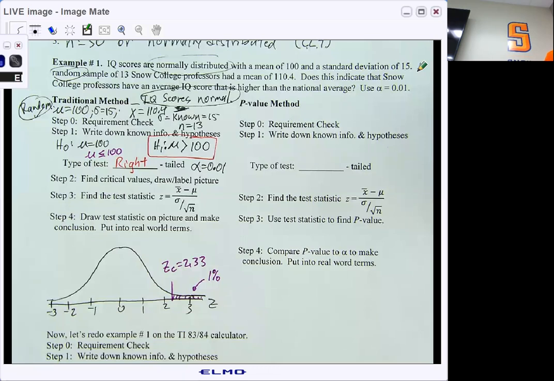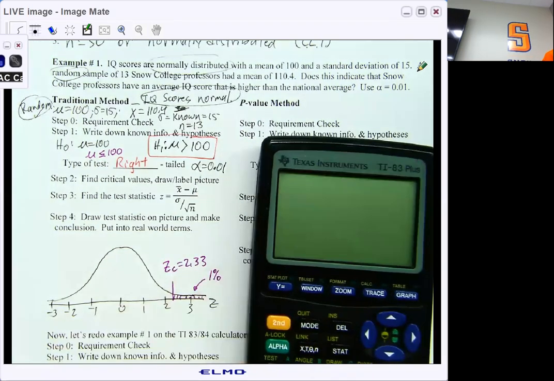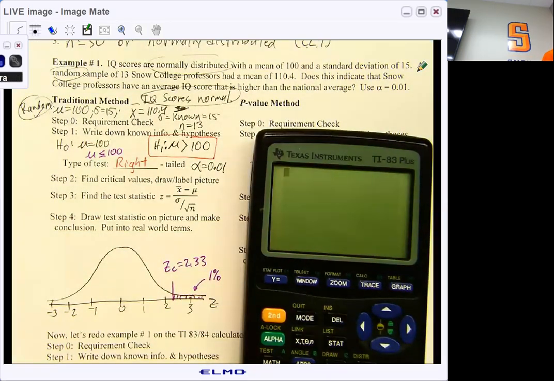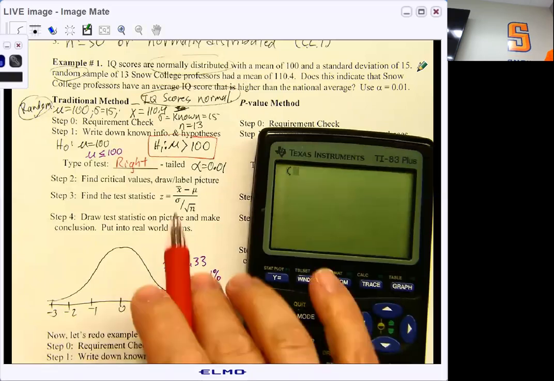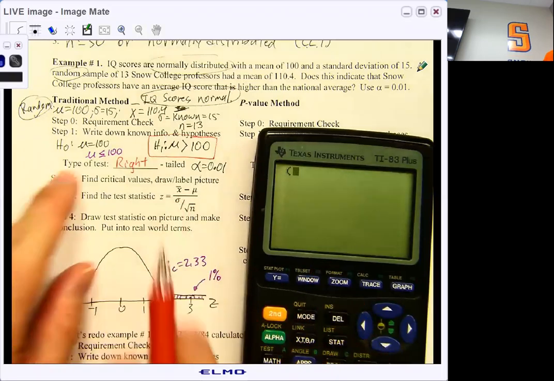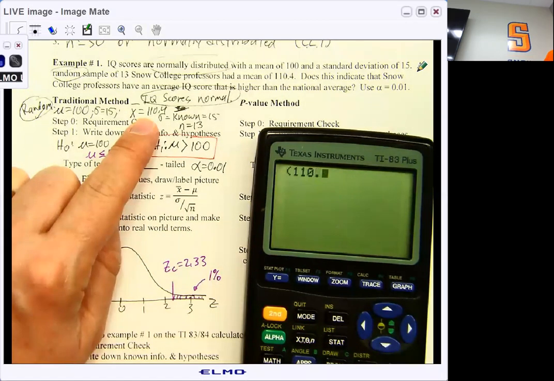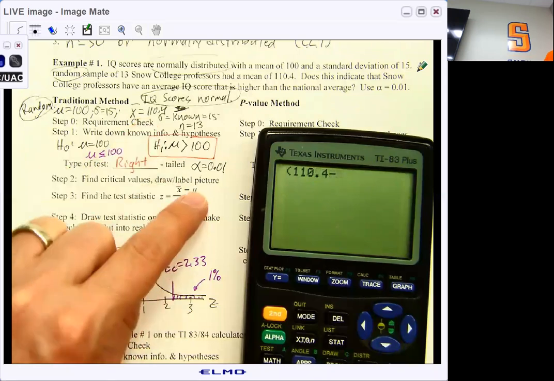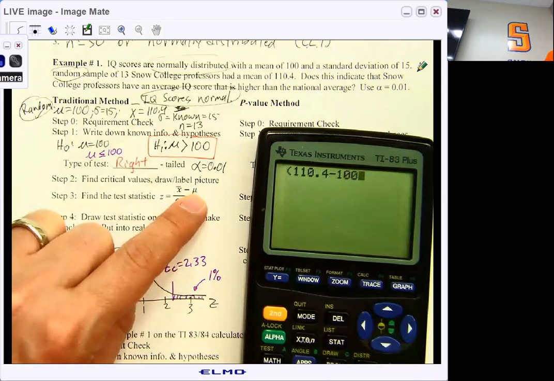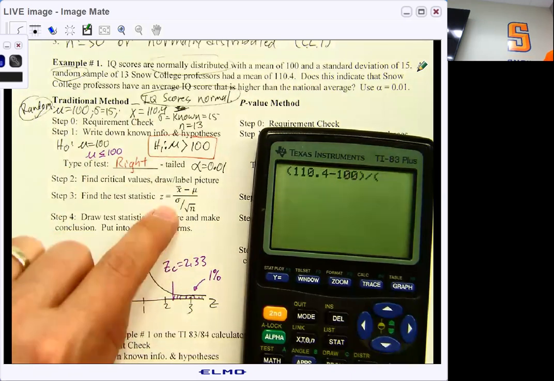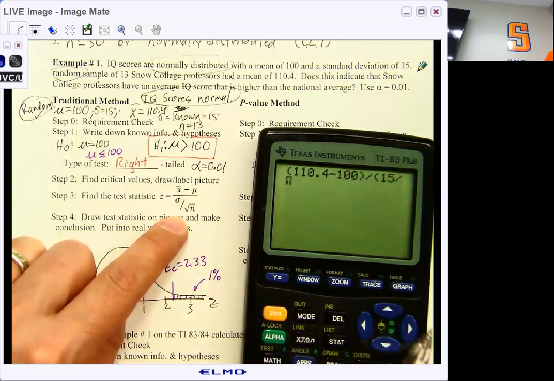So let's find the test statistic, and let's turn on our calculator. Let's do some parentheses: x bar, which was 110.4, minus the population mean of 100, and we're going to divide by sigma, which was 15, divided by the square root of our sample size, which was 13.